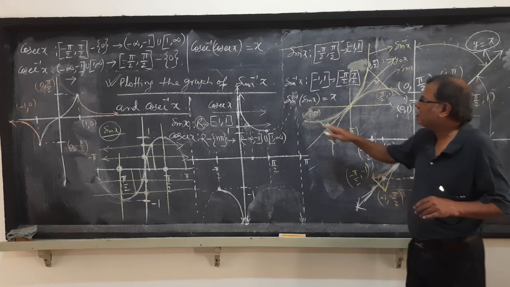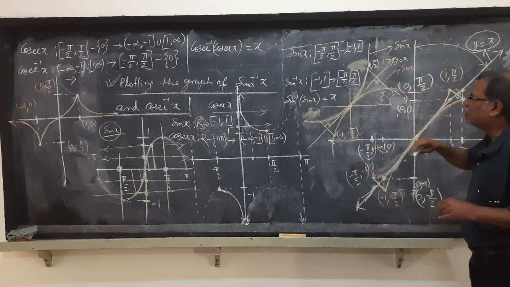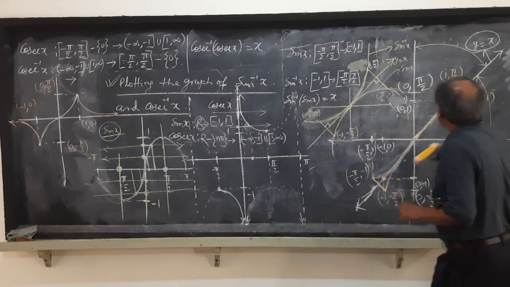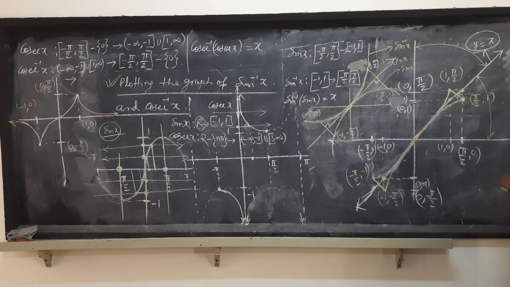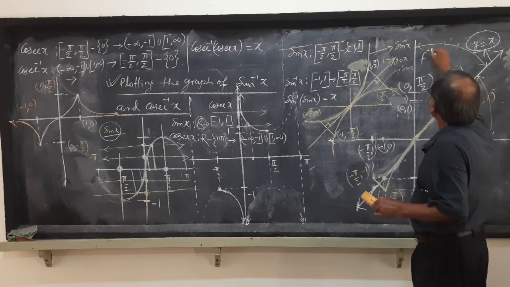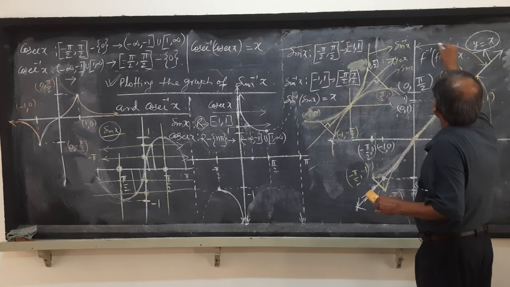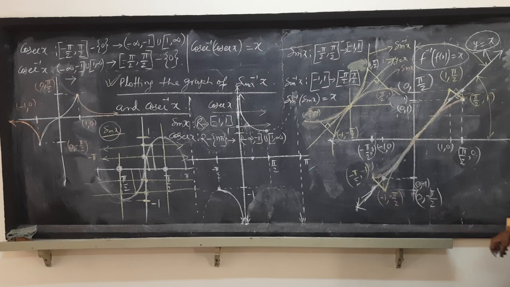I have written here sin inverse sin x is equal to x. Actually, it is nothing but f inverse of f x is equal to x. The same thing, this whole thing is taken as y, then y is equal to x is the straight line.